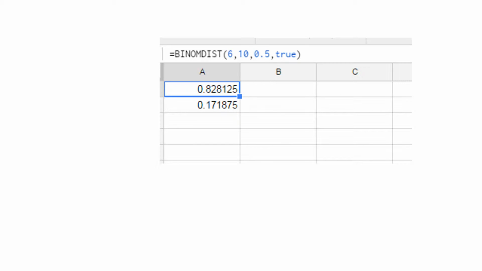Now just go to an empty cell. I've used the one right below the first cell, type 1 minus, then just click on A1, which is where I have the 0.828125, press enter, and you get the answer 0.172. That's all there is to it.